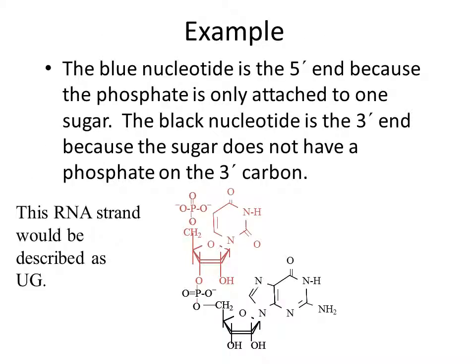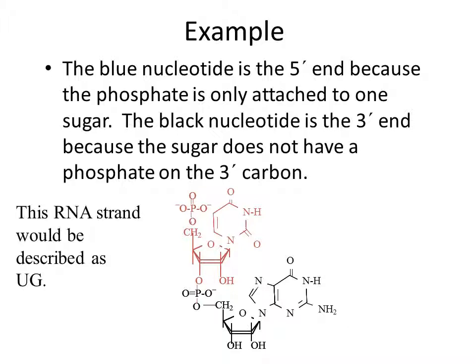So this short piece of RNA has a phosphate at the beginning. You see that at the top. And then we have uracil, a uracil base, or a uridine nucleoside, then a phosphate, and then we have a guanidine nucleoside.